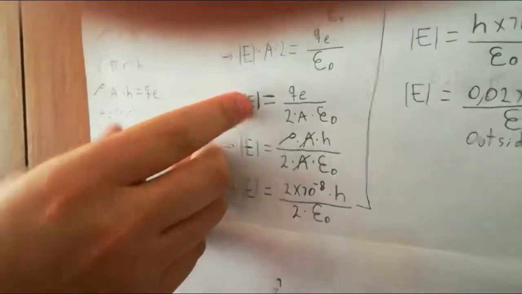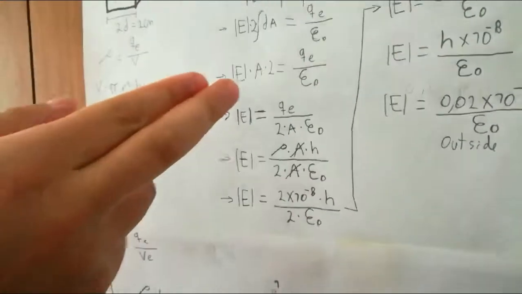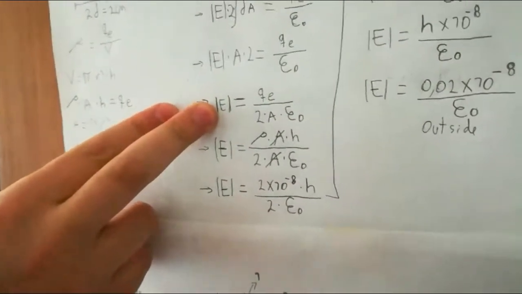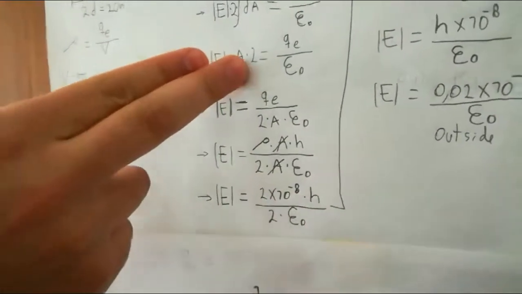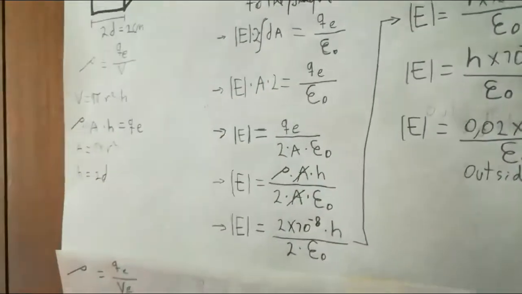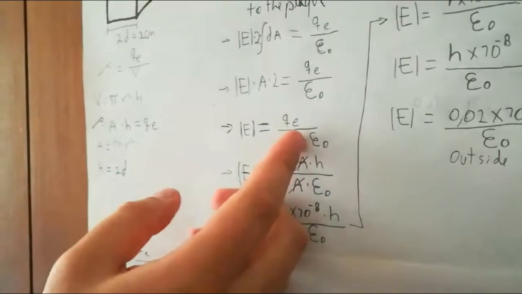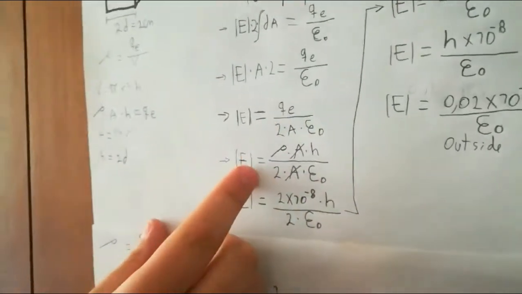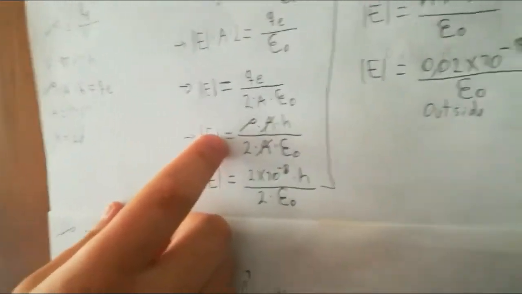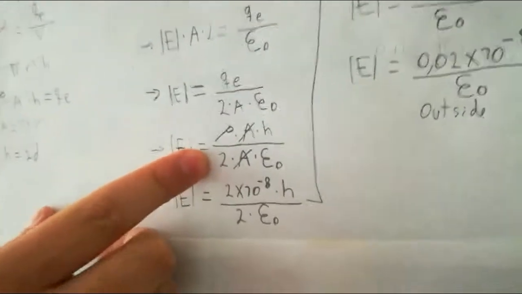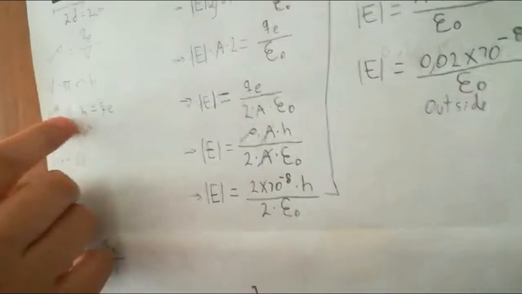Then we are going to clear the magnitude of the electric field by taking the two areas and dividing. After that, we're going to replace the enclosed charge with this value over here.